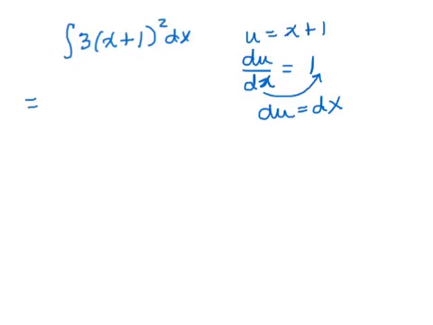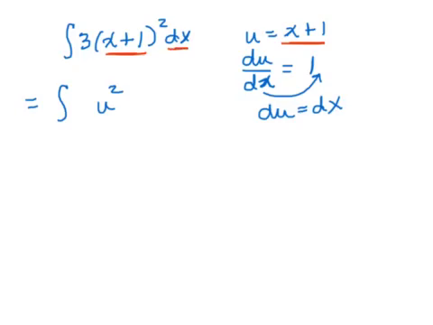So to make our substitution, we've got x plus 1. Well, x plus 1 is u. So that is what we're going to write instead of x plus 1. We're going to put u, and it's squared. And then the next thing we're going to replace is the derivative portion of it.